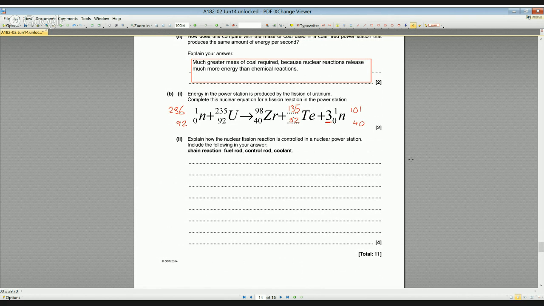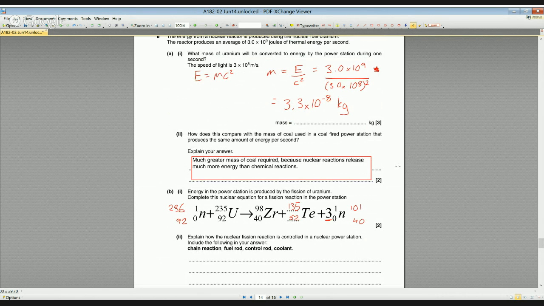Which just goes to show you need to be very careful when you're copying down answers. Right.